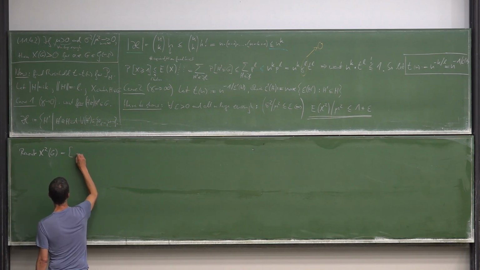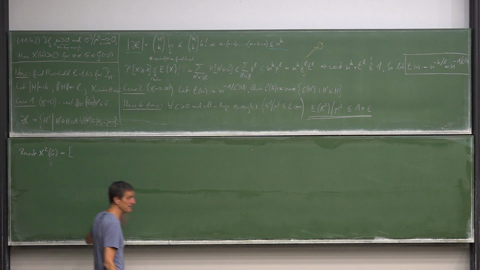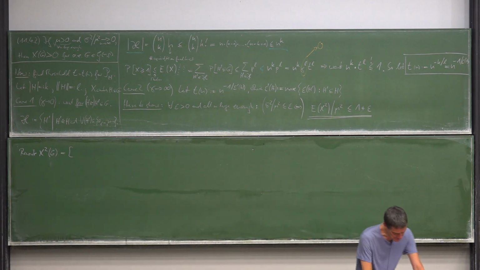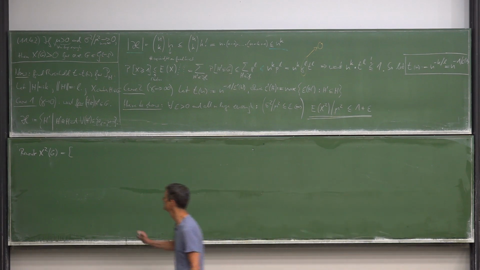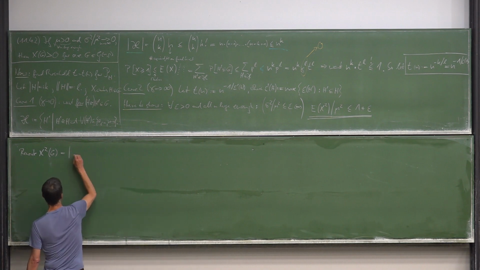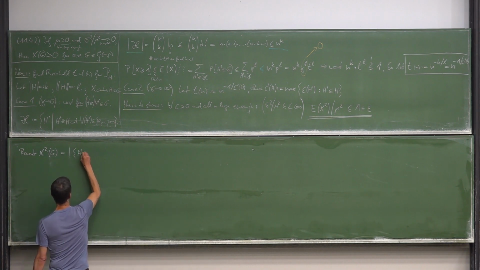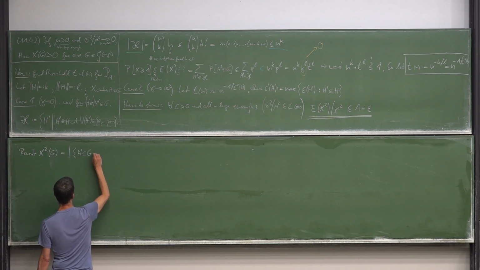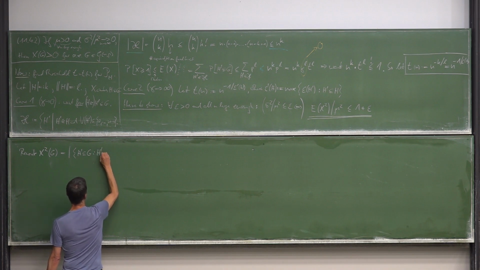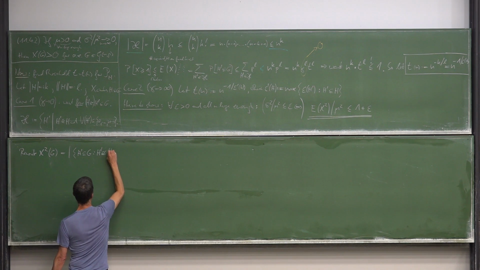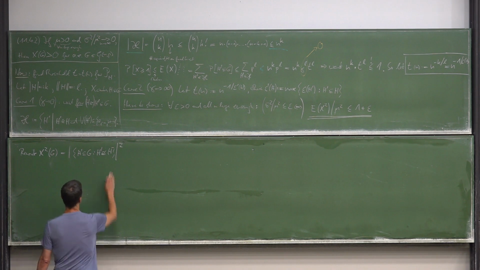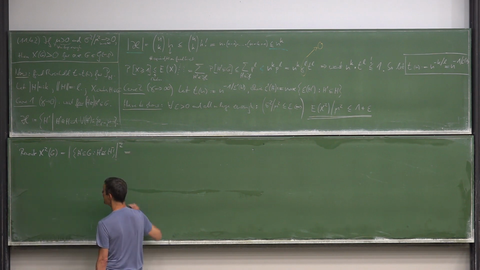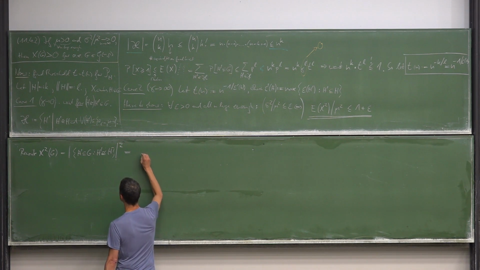What is x of G? That's the number of copies of H in G. So how do I want to write that? That's the number of copies H prime in G of H, squared.